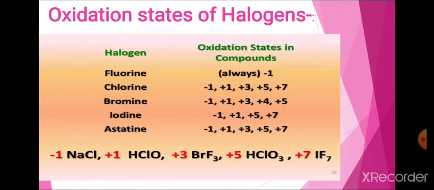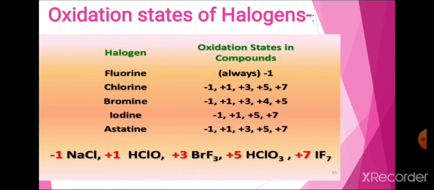Then next to this is oxidation states of halogens, that is group 17 elements. Their general valence shell electronic configuration is ns2np5. They have only one unpaired electron.